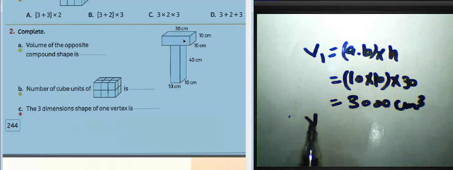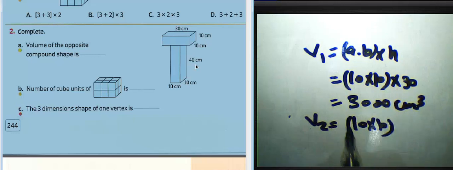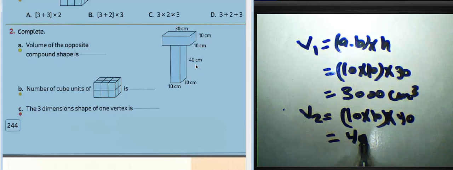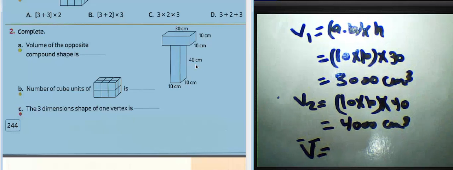And volume 2 here, area of the base times the height. 10 times 10 times 40. 10 times 10 equal 100. 100 times 40, it will be 4,000 cubic centimeter. So the volume of the opposite compound shape, total volume, we can find the sum of them.